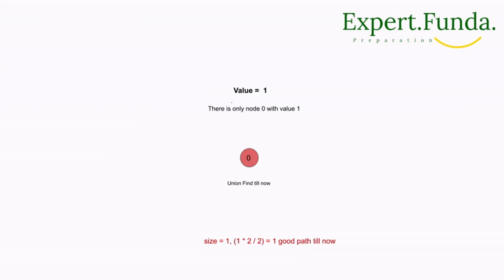Let's suppose we have a value equal to 1. There is only one node with value 1. So if we talk about this node 0, it has value 1, and if we do union find, how will we get it? You will see that the size is 1. Why? Because there is a formula: size into size plus 1, divided by 2.